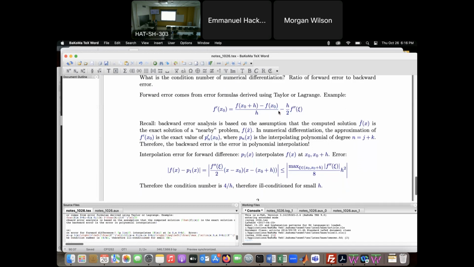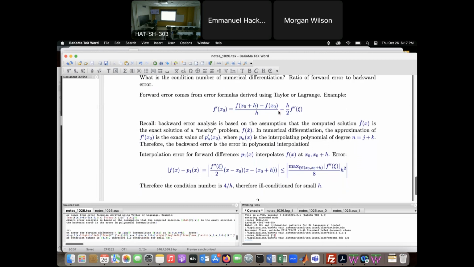Now, what we'll find is that on Tuesday when I start numerical integration, I guess I'm spoiling my own lecture here, but numerical integration, and I'll show you details later, is well conditioned. Of course, integration and differentiation are inverse processes.